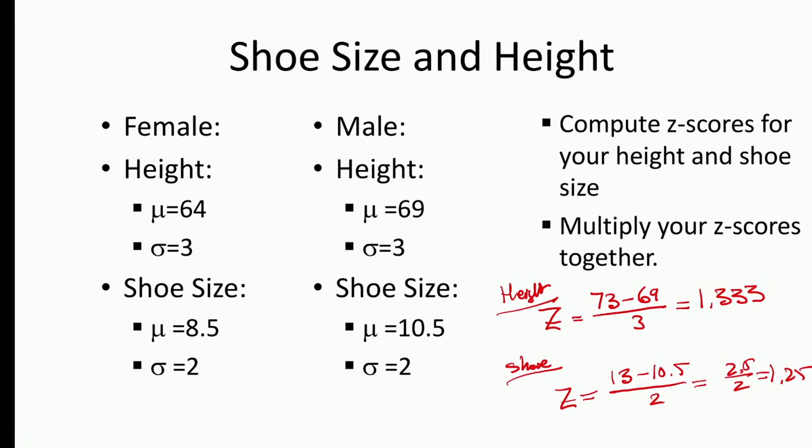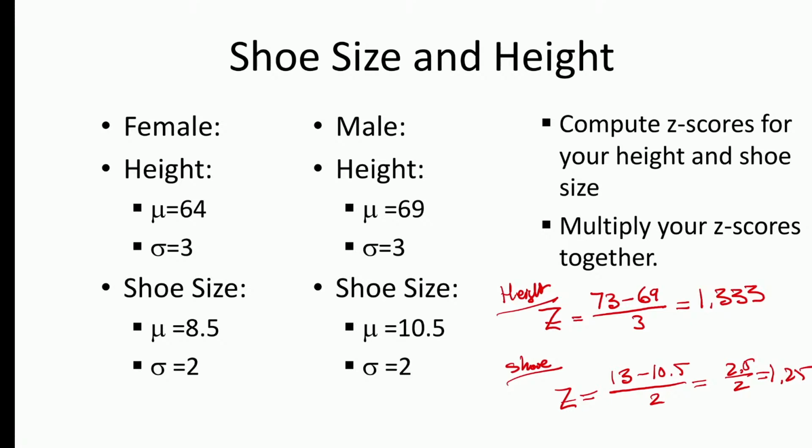Some of you are probably both negative numbers. I don't want to call anyone out. But if you are shorter than average, and your feet are smaller than average, which would make sense, then you have two negative numbers.